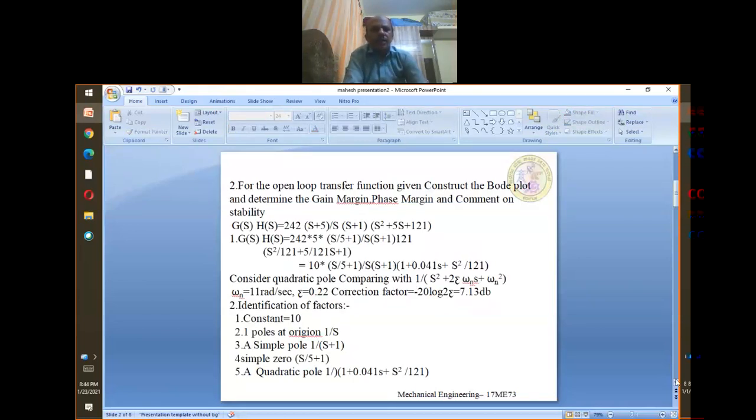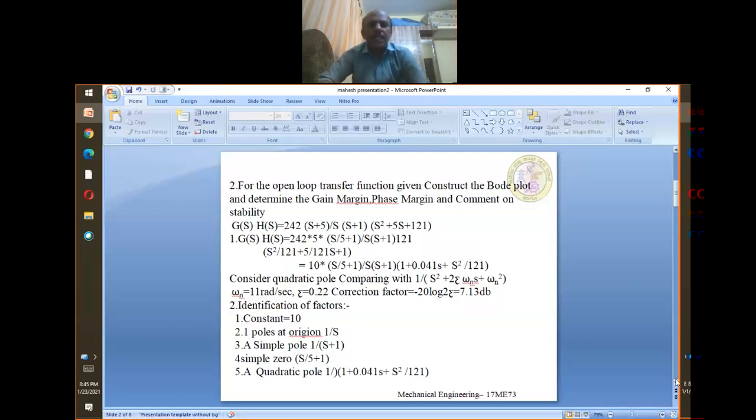Now, before dealing with the second problem, what did we discuss in the previous presentation? In the previous presentation, I explained the concept of the Bode plot, what the individual plots under the Bode plot are, how to get the gain crossover frequency and phase crossover frequency, and from them how to get the gain margin and phase margin, and then how to predict stability.